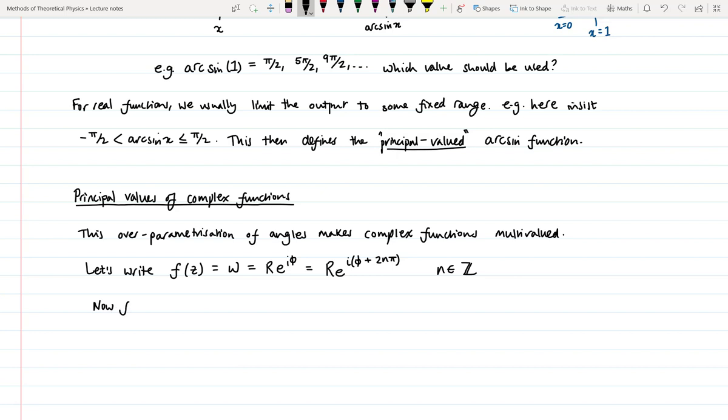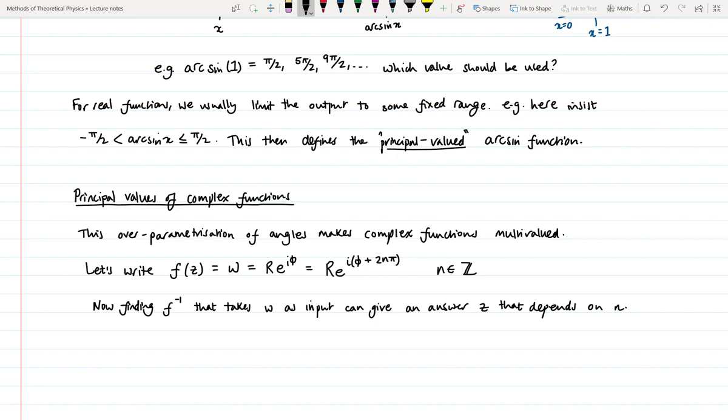Now, finding the inverse function that takes w as input can give an answer z that depends on n. In other words, the inverse function of this function as written will be multivalued.